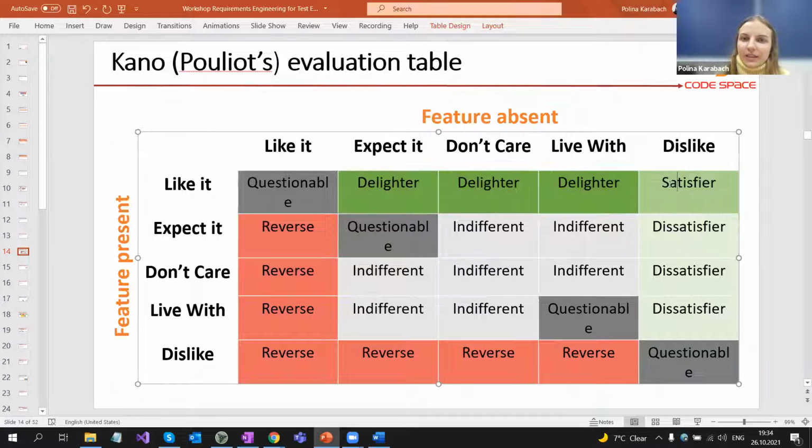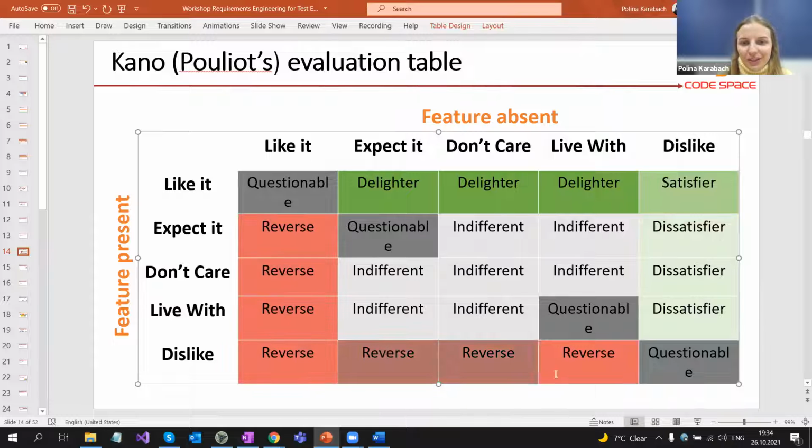The satisfier is when the user definitely says he dislikes it when it is absent and likes it when it is present. And the dissatisfiers will be all below, when the user dislikes it when it's absent, and expects, doesn't care, or lives with it when it's present. So it's something that should be there, but no real excitement about it.